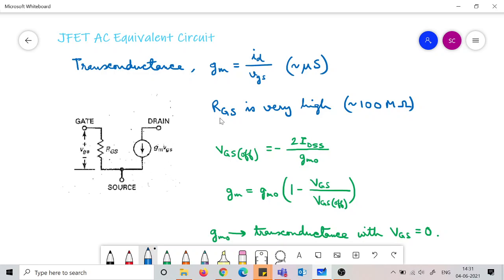Now RGS is the input side gate source resistance, and that is very high, as we have already discussed. It is in the range of 100 mega ohms. This makes the JFET useful to be connected to any circuit without loading that circuit.